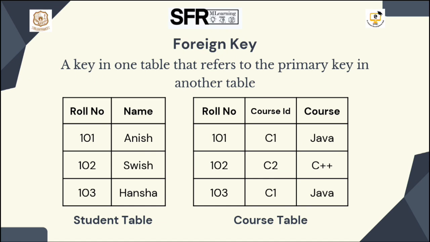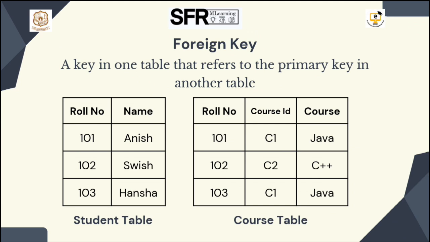Next one is foreign key. It is an attribute in one table that refers to the primary key in another table. The table that contains the foreign key is called the referencing table and the table that is referenced is called the referenced table. A foreign key in one table points to the primary key in another table, establishing a relationship between them.